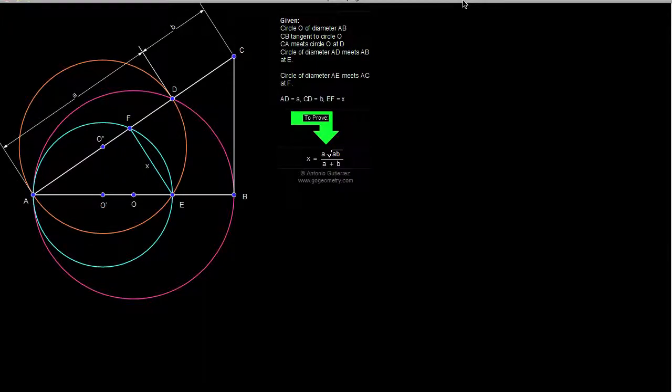I was looking on the internet to try to find problems that involved circles and triangles, and I stumbled across this problem. And when I opened it up and looked at it, I said, "Oh, holy guacamole! This thing is really confusing."